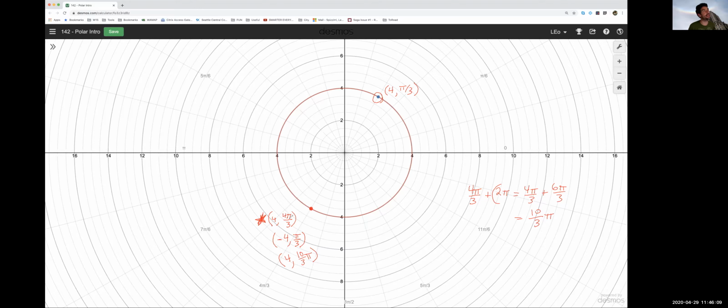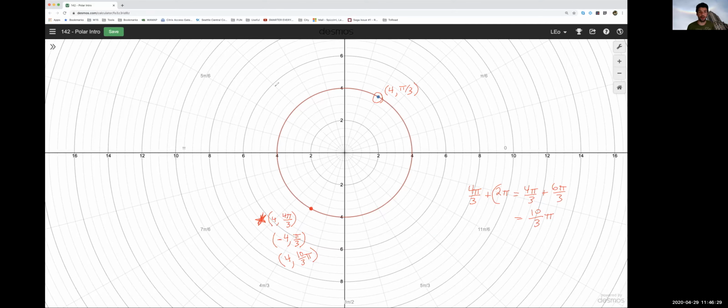Maybe you could make the argument for between -pi and pi for various conventions, but usually some interval of length 2 pi, and most typically 0 to 2 pi, would be the most convenient way to give this point, okay?